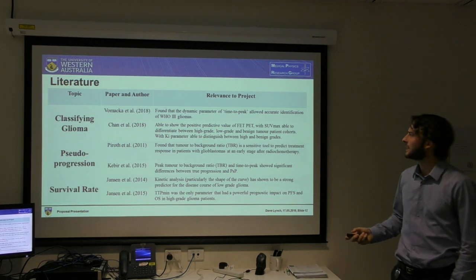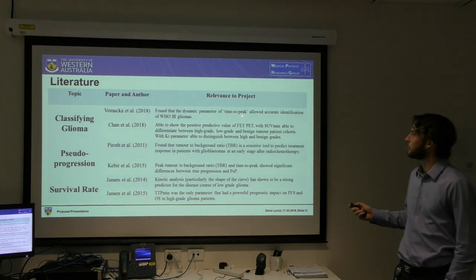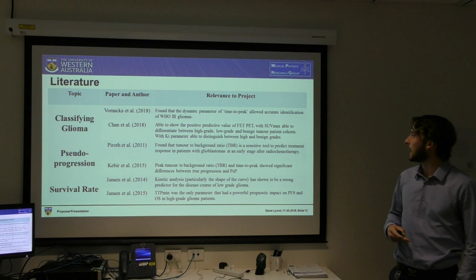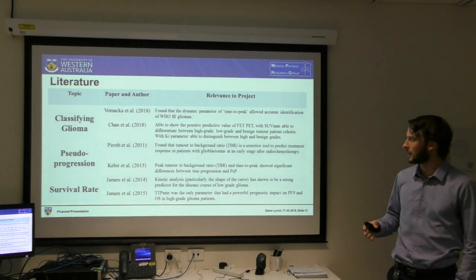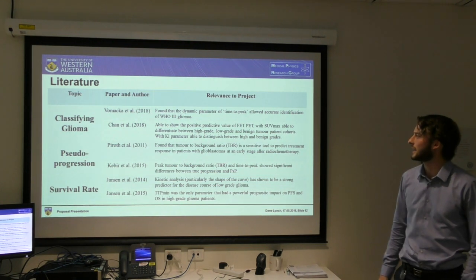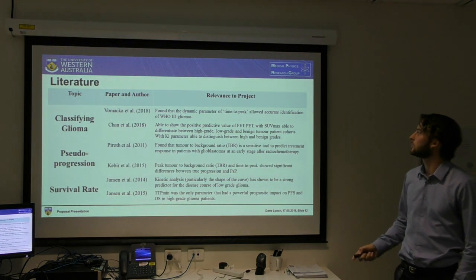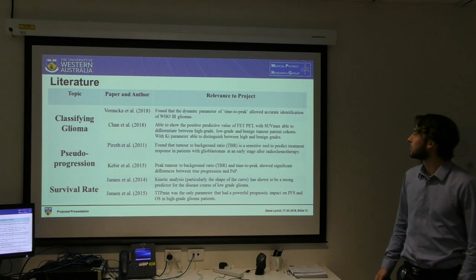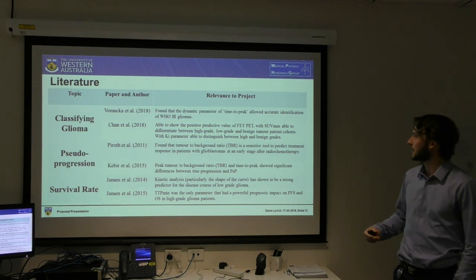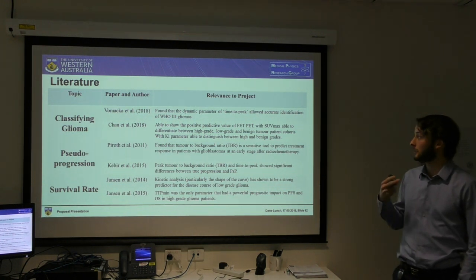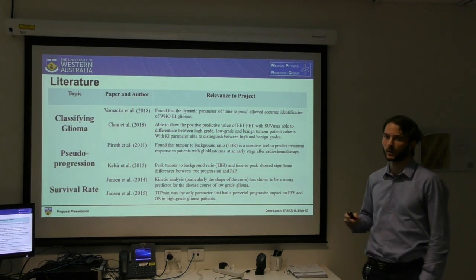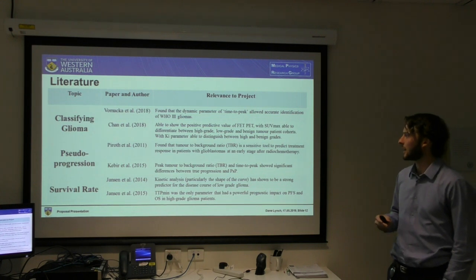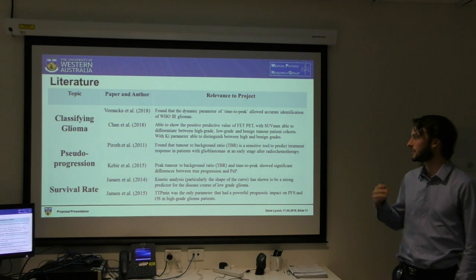Vomacka in 2018 found that the dynamic parameter of time to peak allowed accurate identification of grade 3 gliomas, while Chan in 2018 was able to show the positive predictive value of FET PET with the maximum standard uptake value able to differentiate between high-grade, low-grade and benign tumour patient cohorts, with the Ki uptake parameter able to distinguish just between the high and benign grades.